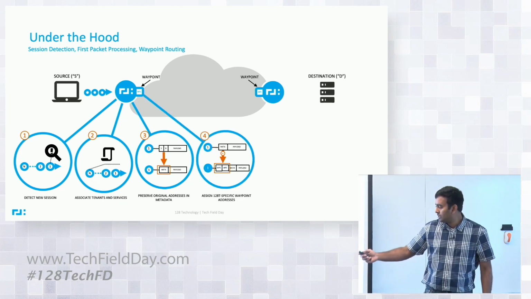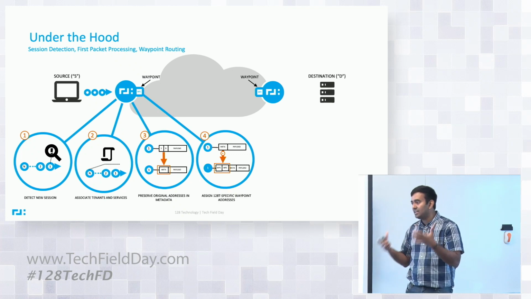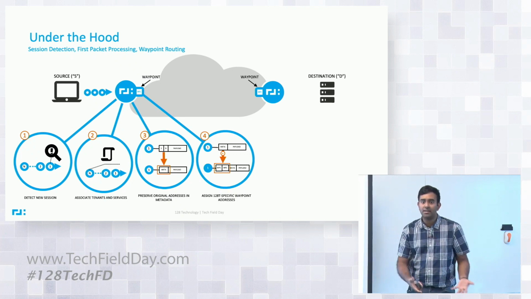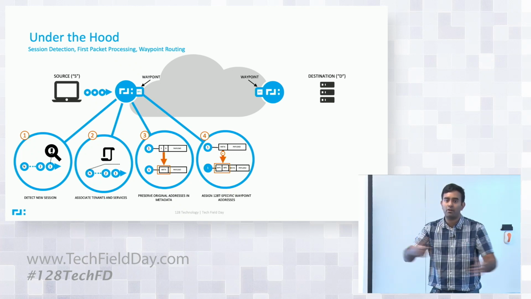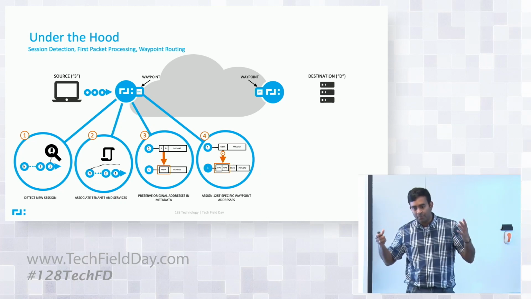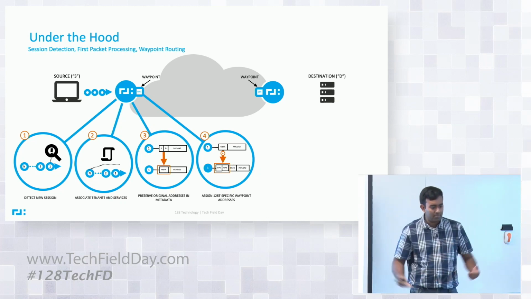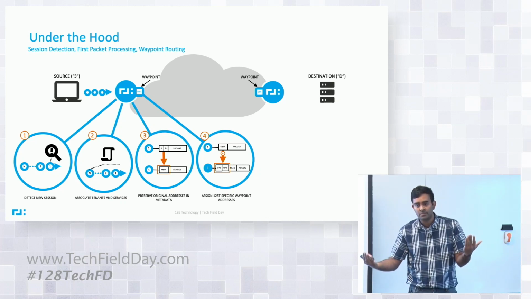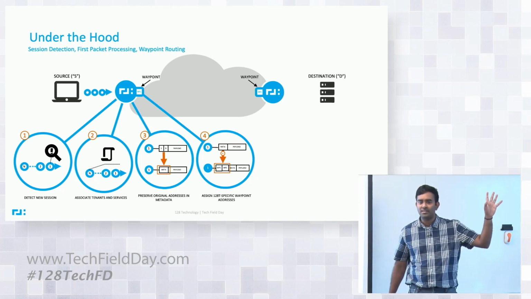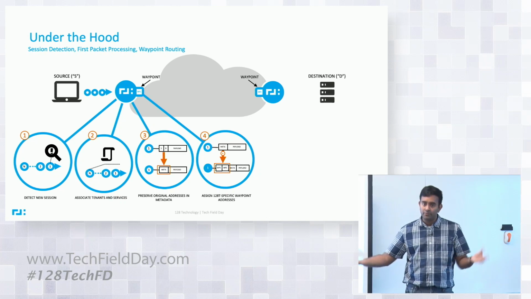Then what we do is preserve the original IP addresses in the metadata, which is what we are carrying, and that's our session key. The 5-tuple plus the tenant information forms a session key across all. For example, if you have the same IPs on two services, for whatever reason, because you get NATted at the final end, you can do that, but with different tenants.